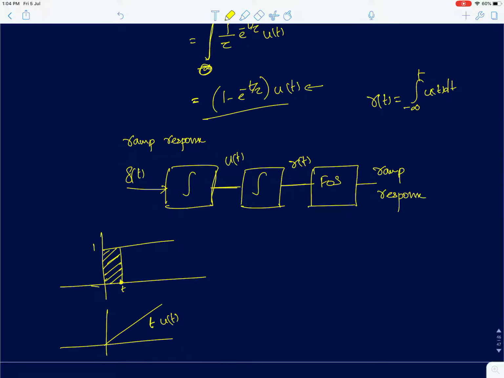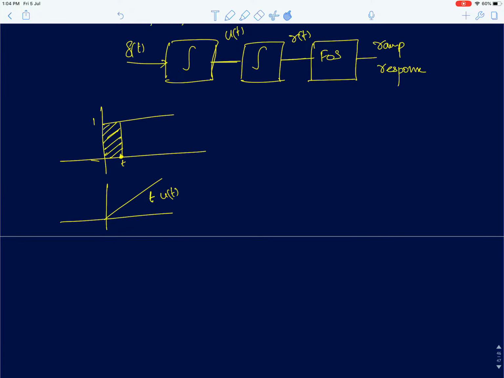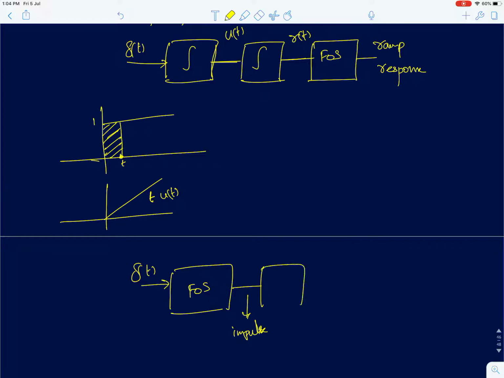for a ramp input. Now again I can change the order of the systems and then first feed an impulse to a first order system. You get your impulse response here, and then feed it to an integrator. You get your step response.